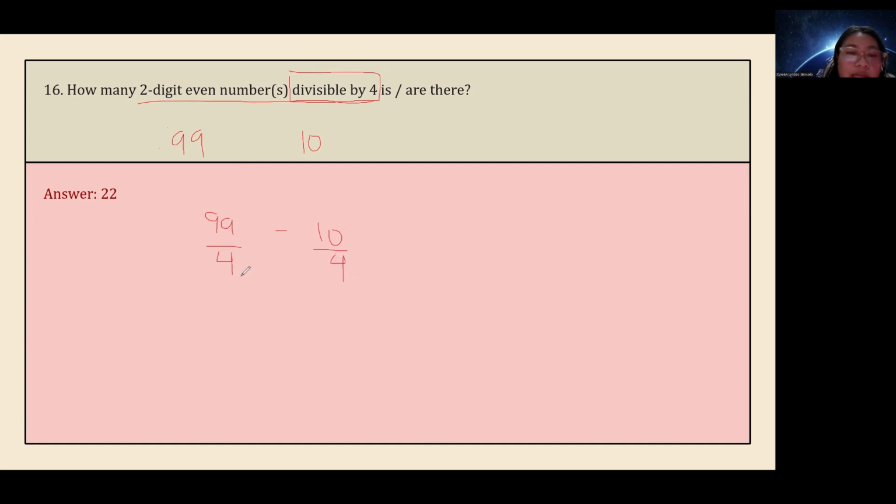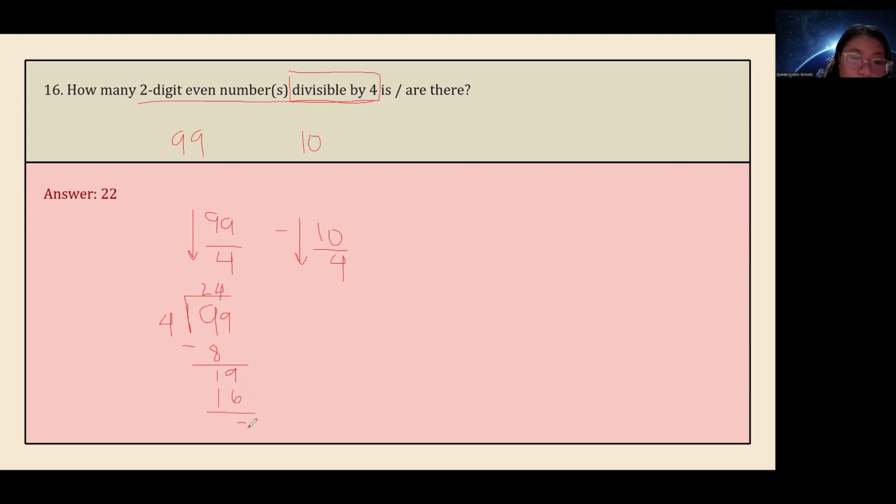Okay? So now, you always have to round down the value to the nearest whole number. So when we try to divide 99 by 4, we get, let's see here, 99 divided by 4, that's 2, 2 times 4, 8, 9 minus 8, that's 1, bring down 9, 19 divided by 4, we get 4. 4 times 4, that's 16.